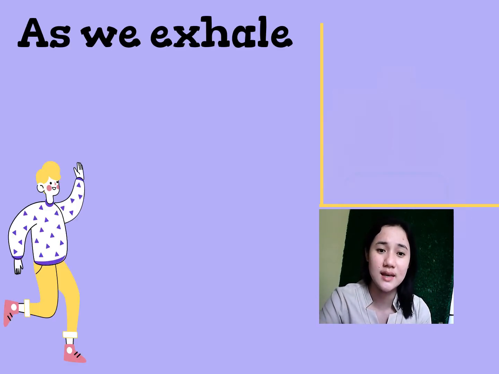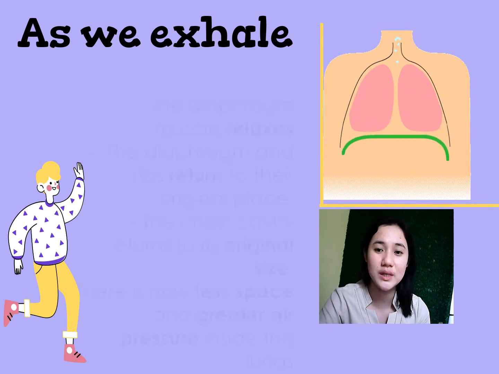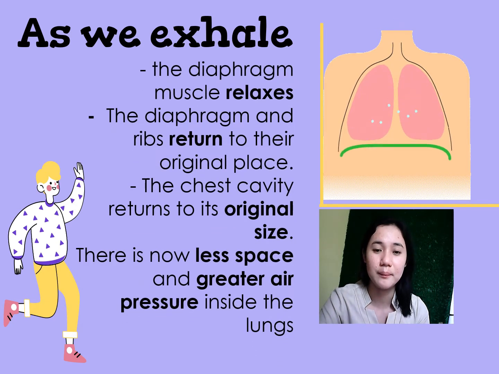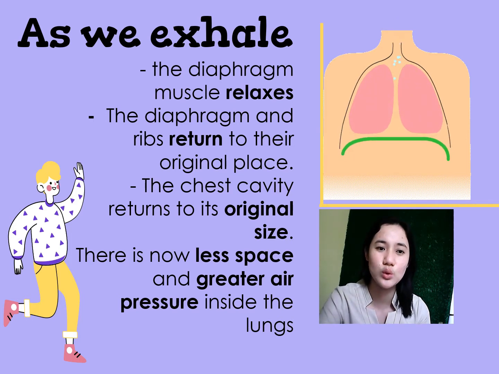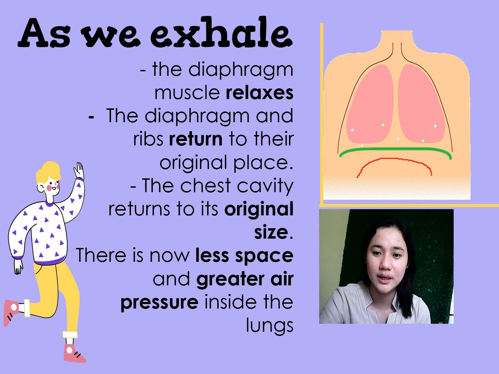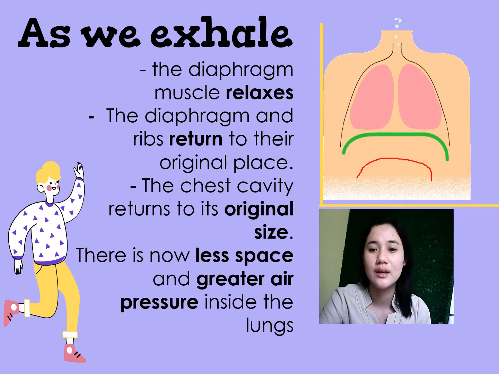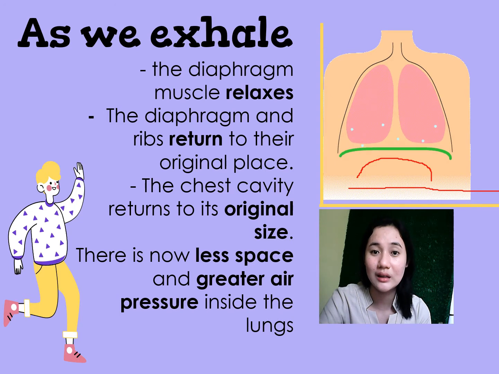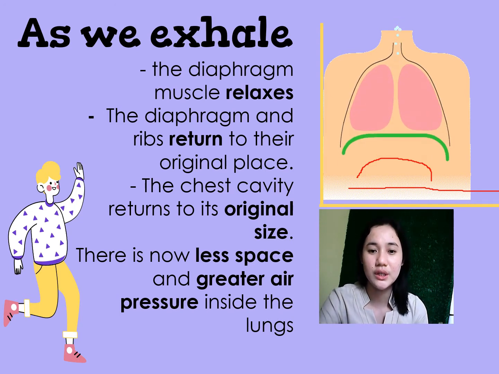Now, as we exhale, what happens to the lungs and the diaphragm? The diaphragm muscle relaxes. What does the relaxed mode of the diaphragm look like? It is dome-shaped. That's it. When your diaphragm looks like this, it is relaxed. Okay? When it looks like this, flat, what is that? It is contracted, right? Okay. So, the diaphragm and the ribs return to their original place.